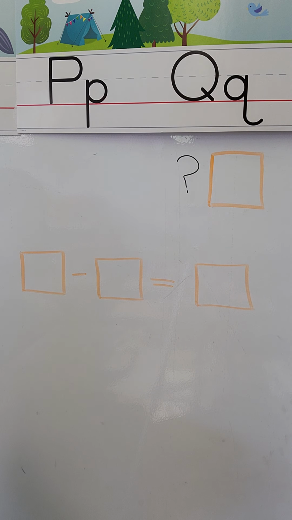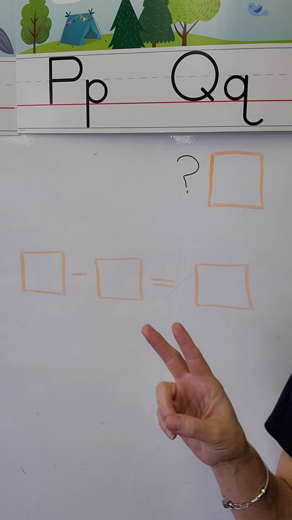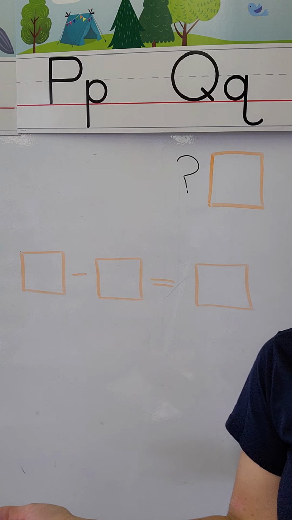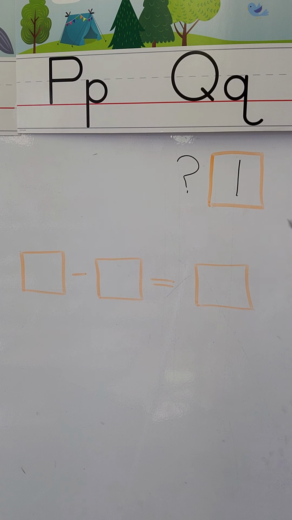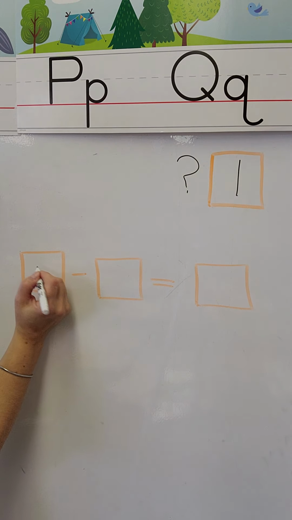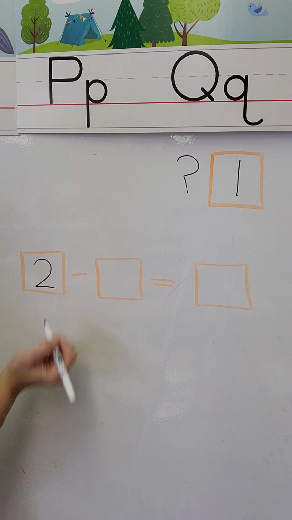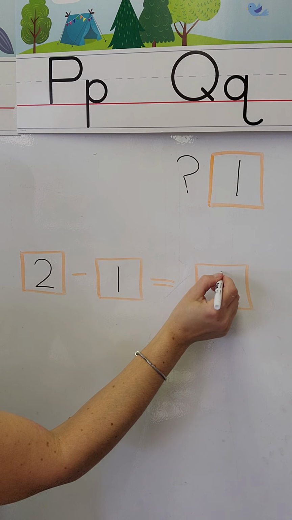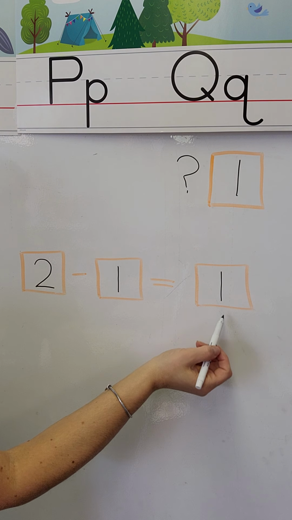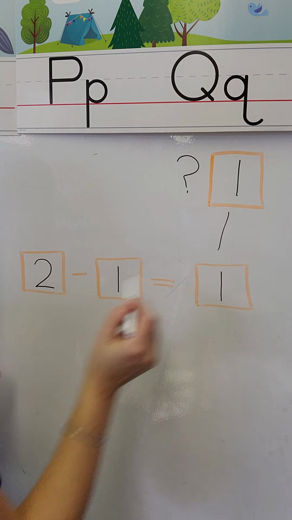How many carrots does he have left now? Okay, let's think about that. So he had 2 at the beginning of the story problem. He gave 1 of them away to his sister. How many does he have now? He has 1 left. Why? Because he started with 2. He gave away 1 to his sister. And now he has 1 left. Does my floating box match my answer box? Yes, it does.